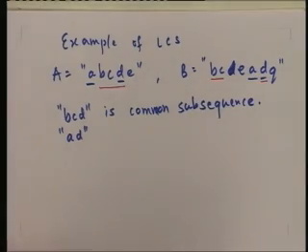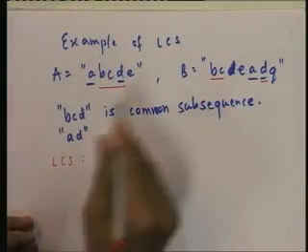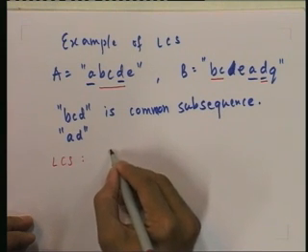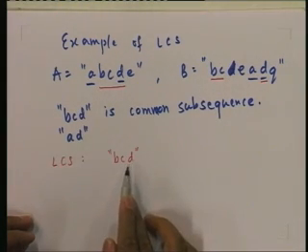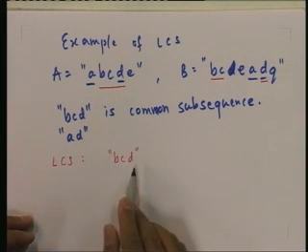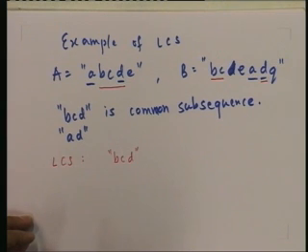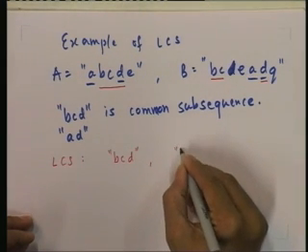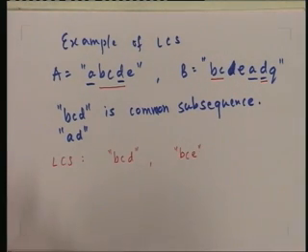So, now you know what common subsequences are. We would like to define what the longest common subsequence is. LCS of A and B for example is BCD. You can look through these sequences and you will figure out the only common sequences of length 3 are very few, and in fact, there is no common sequence of length 4, and so therefore, this is a longest common subsequence. In fact, you can see that BCE is also a common subsequence. Let me just underline that.